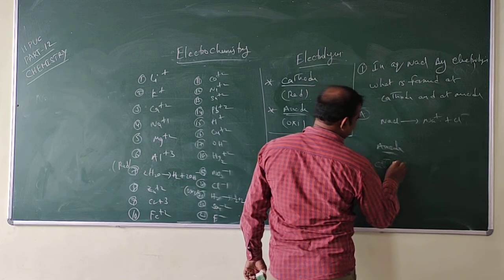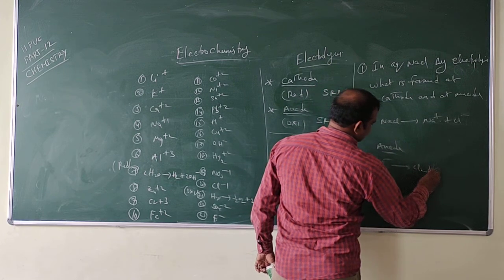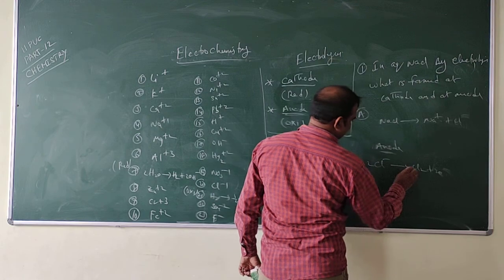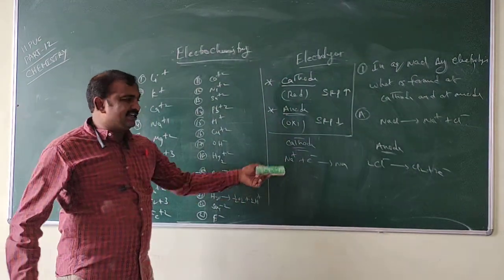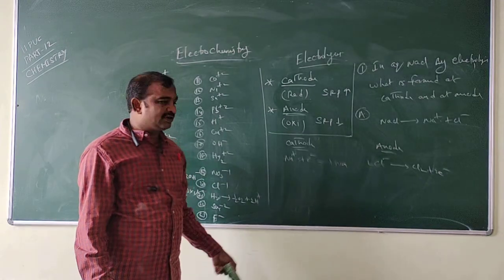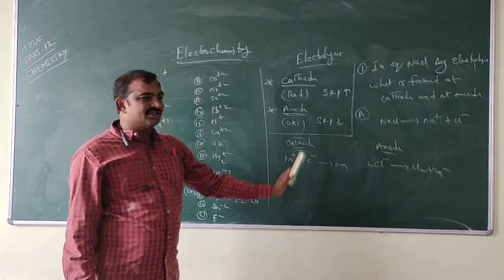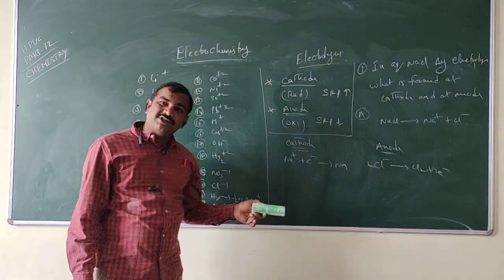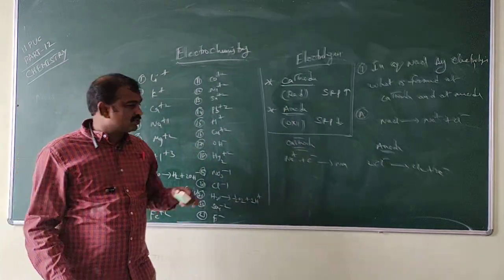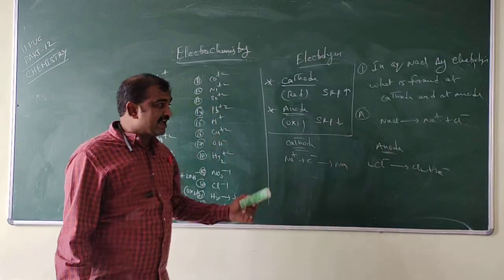Oxidation. Cl- gives rise to Cl2 plus 2 electrons. Cathode Na+ and anode Cl-. But it is aqueous. If it is fused, there is no water, so directly these products are formed. In aqueous, it is different.